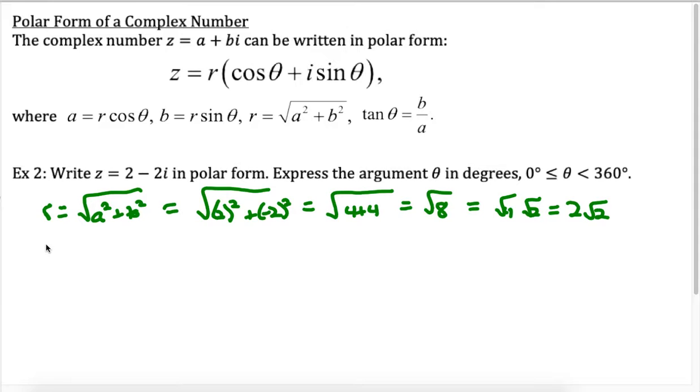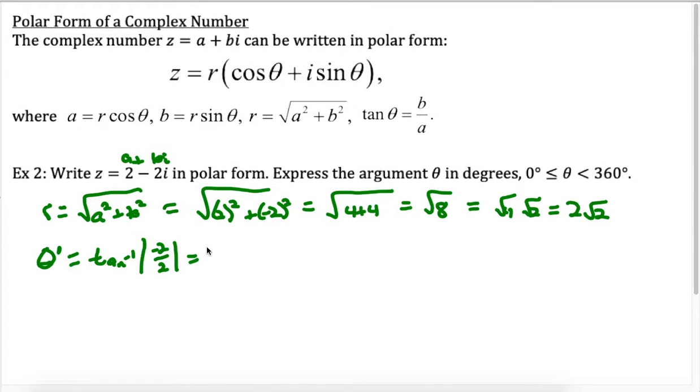Now, to find theta, what we really want to think about is finding our reference angle, and then determining the actual angle based on the reference angle, much like we did in the last section. To find the reference angle, which we're denoting with this little prime, we're going to take the inverse tangent of the absolute value of b over a. In this case, that would be negative 2 over 2, because this is in the form of a plus bi.